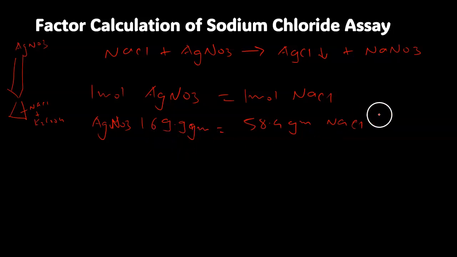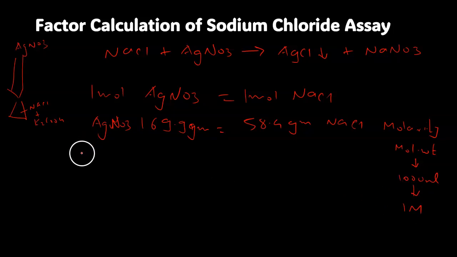Now further, see, we have to use the concept of molarity over here. Molarity means its total molecular weight dissolved in 1000 ml of solvent. So that will give a 1 molar solution. Means what? 169.9 gram, when we dissolve in 1000 ml, will provide a 1 molar solution.